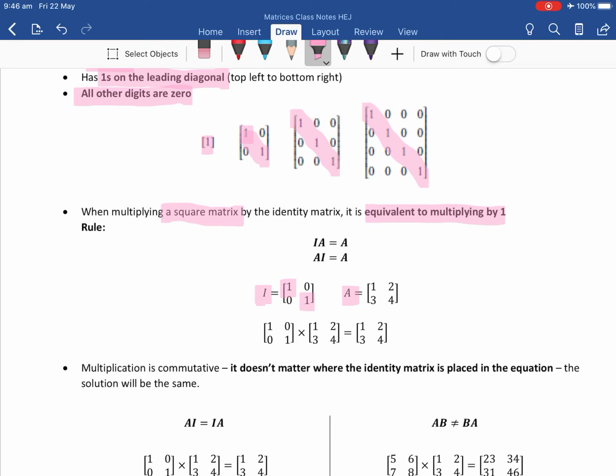So if you have 2 times 1, it's 2. If you have a matrix times the identity matrix, it's the matrix. It has it here: I times A just equals A.